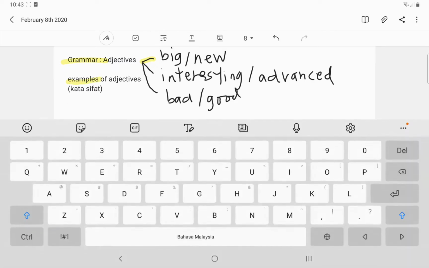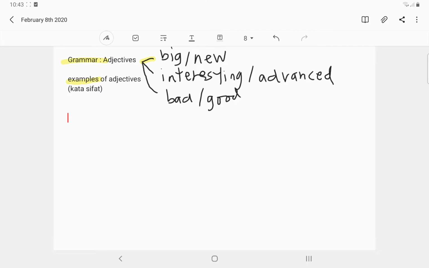Okay, moving on. Untuk adjective, dia ada 3 jenis. What we're going to focus on today is the comparative adjectives and also the superlative adjectives.